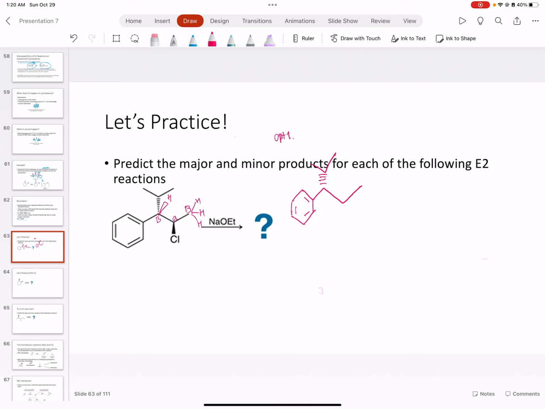So I'm going to do the hard one first, why not? Okay, so let's see. I have my alpha and beta. I like to put them like that when I'm doing stereochemistry, because I feel like it's nicer visually to look at what's going on.